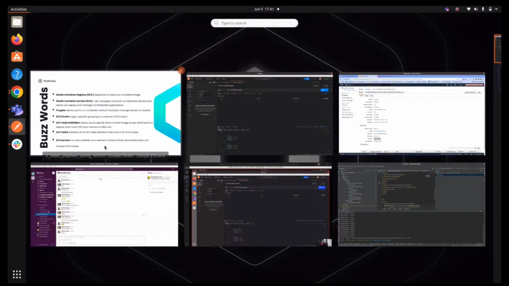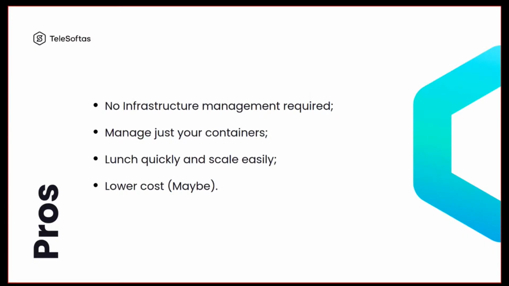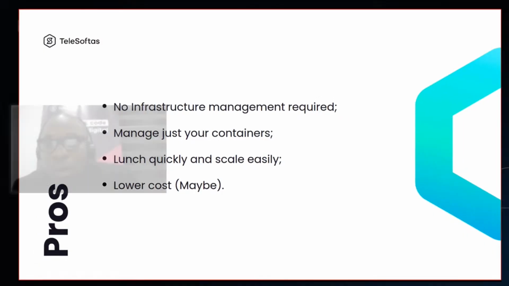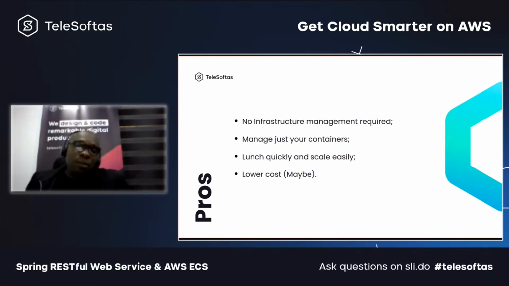So let me jump back to my slides now and let's talk about the finishing notes. I'll be talking about the pros of ECS Fargate. First of all, with Fargate, you don't need to manage infrastructure. All you need to do is manage your containers.